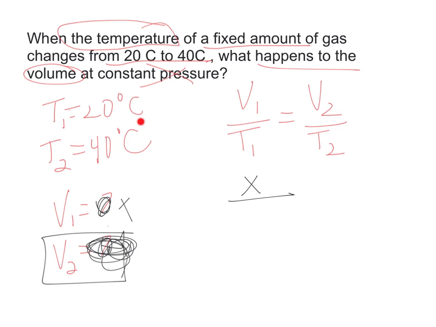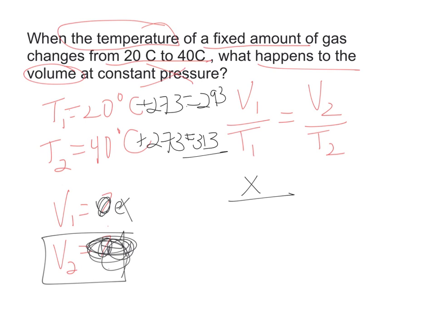These temperatures right here are in Celsius, and we need them to be in Kelvin, because the effect that temperature has on volume will be proportional to the relationship of the Kelvin temperatures. So we need to add 273 here. 20 plus 273 is 293. 40 plus 273 is 313.